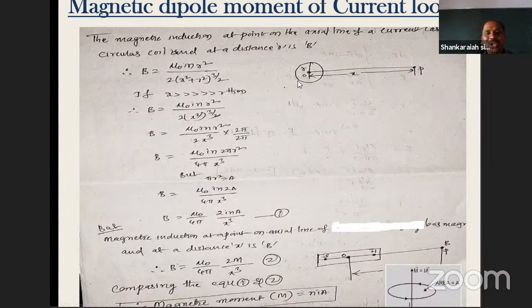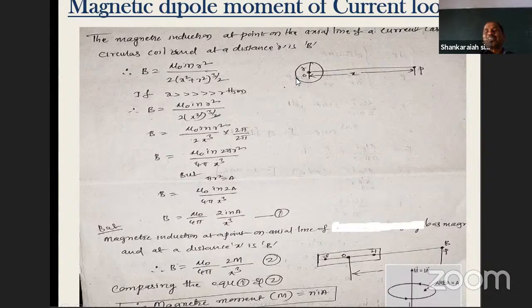When the current flows through the coil in a clockwise direction, then the front of the coil acts as a south pole. When the current flows through the coil in an anti-clockwise direction, then the front of the coil acts as a north pole.